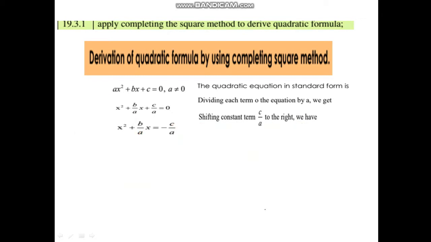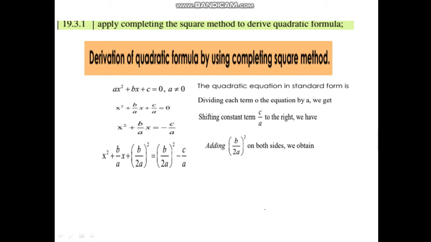Now let's see the steps. Adding b by 2a whole square on both sides, we obtain this. Here we are going to take the LCM.